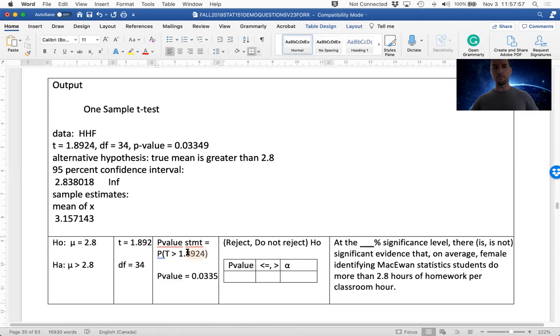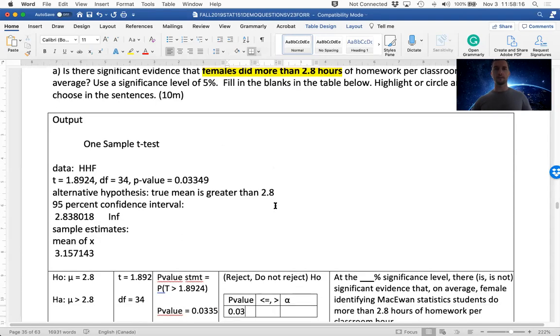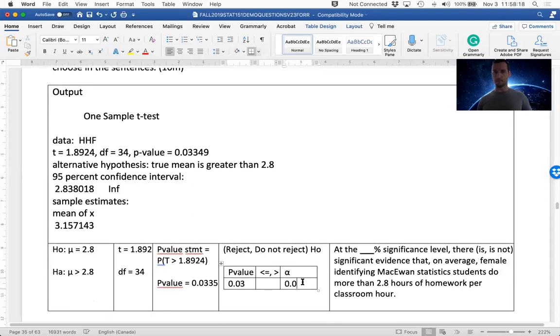So notice here that in our statement, I have p, t is greater than, and that symbol is there because of the symbol in the alternative. So our p-value direction is mimicking the alternative direction. Okay, so I have 0.03. We have a significance level of 0.05.